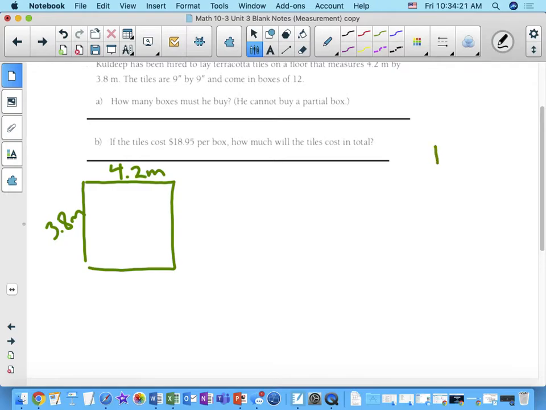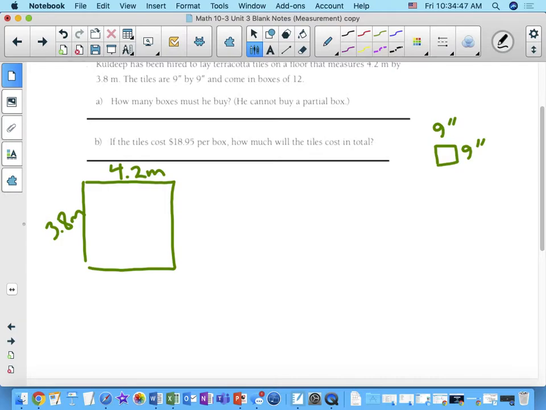So these are teeny tiny. 9 inches is less than a foot. So what would we have to do first here? Yeah, so that's one thing that we can do. The essential thing, though, is that we've got to convert them both into the same units.